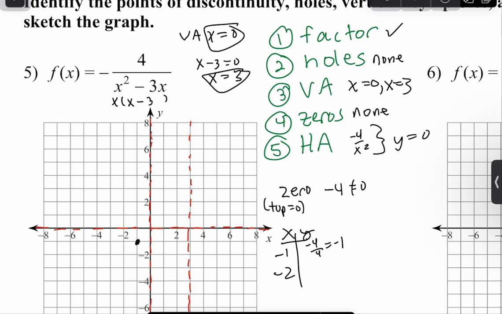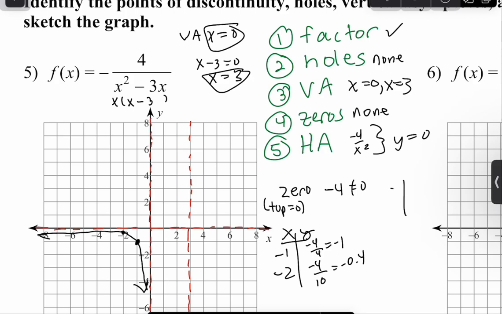Let's plug in negative 2. We get negative 4 over 4 plus 6, or 10. So it's negative 0.4. So it makes sense that we have to follow this asymptote and follow this asymptote. So that piece is wedged in that bottom left corner.